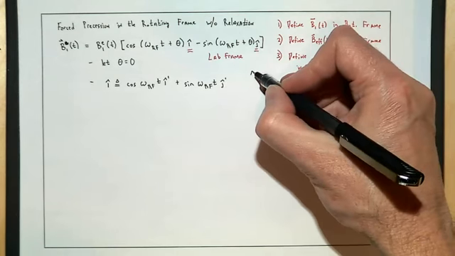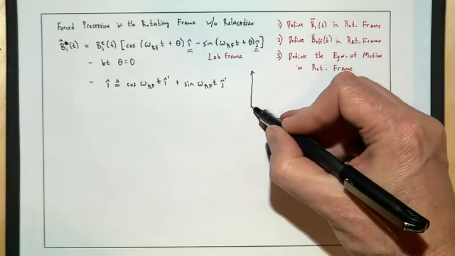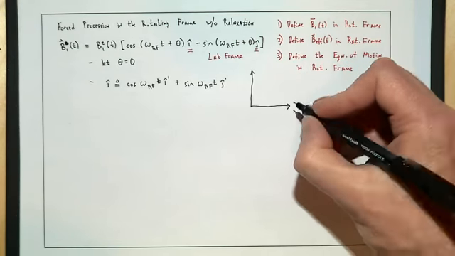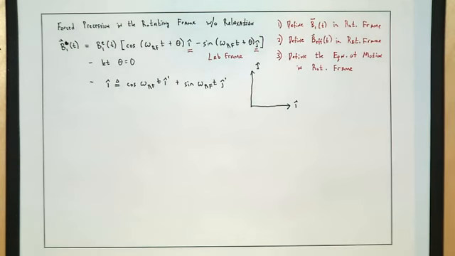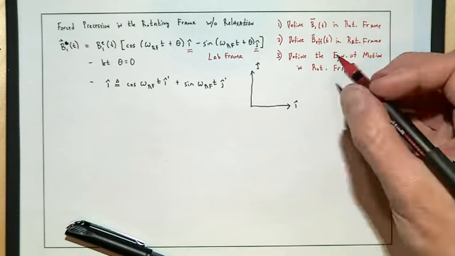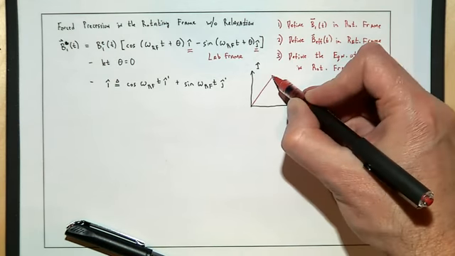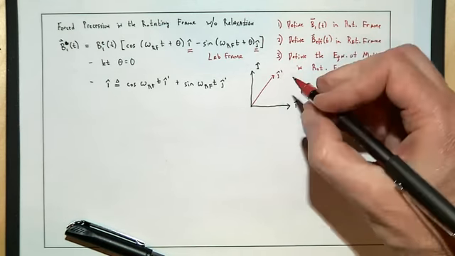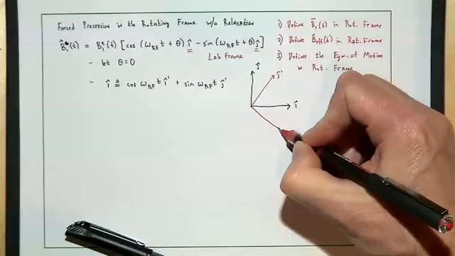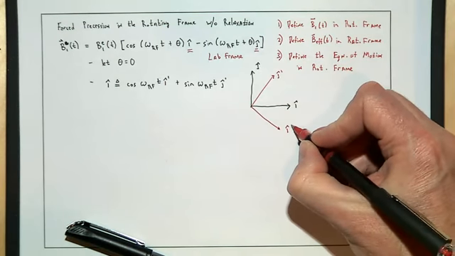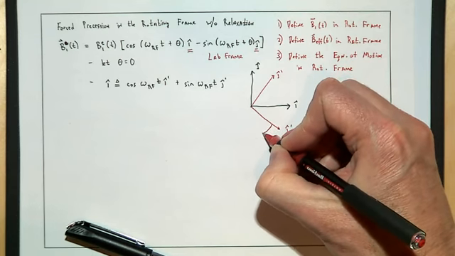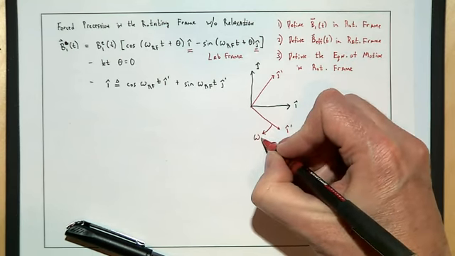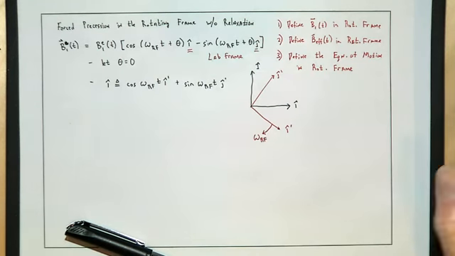So if we take our lab frame axes to be the I hat axis and the J hat axis, then we're just defining a transformation to the J hat prime and the I hat prime axes. And the rotation of this system is happening at a frequency omega RF.